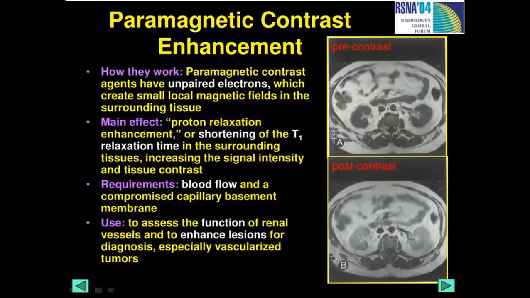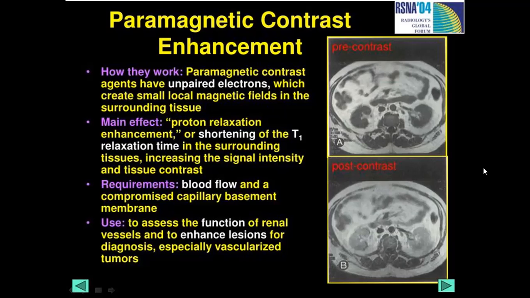But enhancement is needed in some cases, and usually it is a paramagnetic contrast agent such as gadolinium.